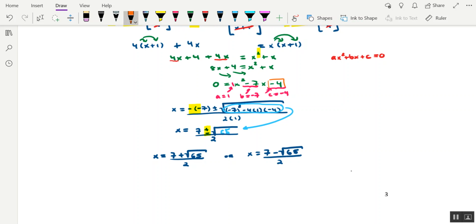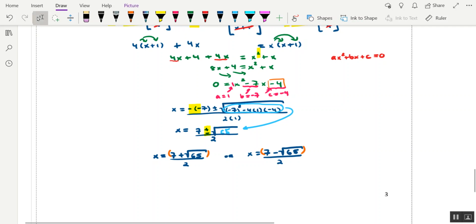Since the numerator has 2 terms, I would recommend including a set of parentheses around the numerator when typing this into a calculator. I'm going to show you how to type these into the graphing calculator, and it looks like I'll have to do that in a follow-up video, which is no sweat for me.